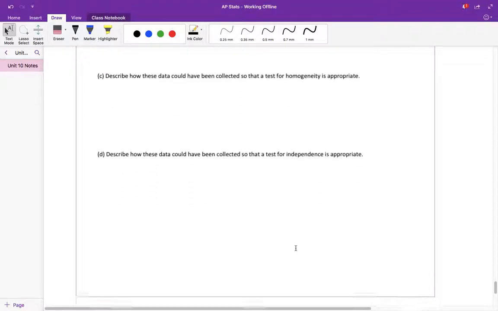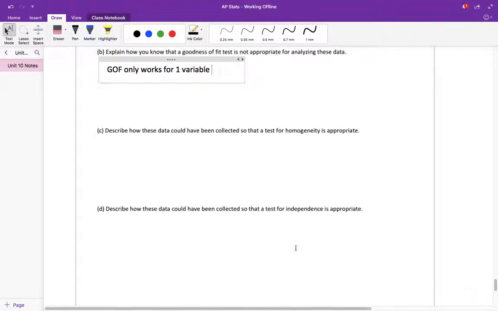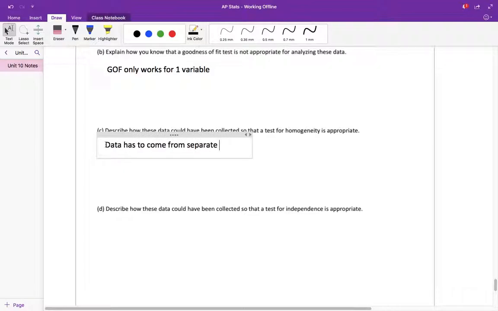All right, so then C and D, let's compare how you would know to use a test for homogeneity versus a test for independence. With homogeneity, let's first talk about that one. Describe how these data could have been collected so that a test for homogeneity is appropriate. In order for it to be appropriate, the data would have to come from separate, or independent, random samples.